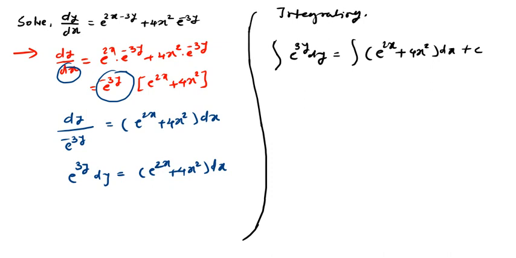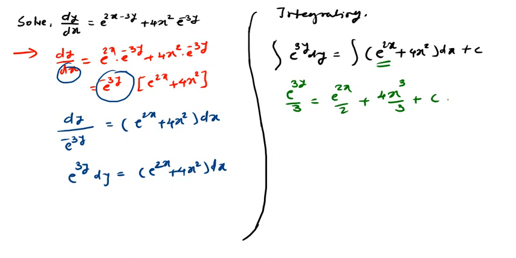Okay, now integration of e raised to 3y with respect to y is e raised to 3y upon 3 equal to integration of e raised to 2x with respect to x is e raised to 2x upon 2 plus integration of 4x square is 4x to the power 3 upon 3 plus c.